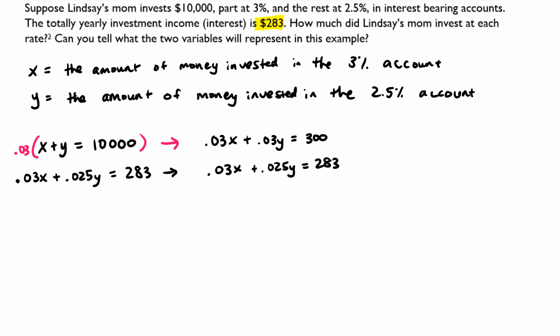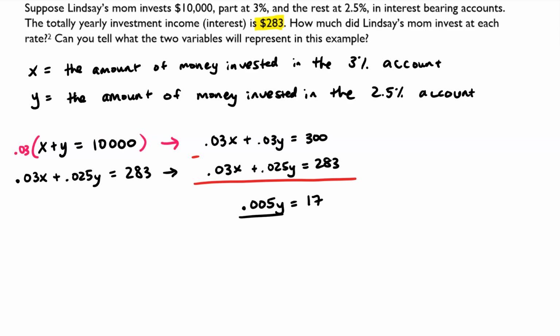Okay, so now I can subtract these two equations, and 0.03x minus 0.03x, that's going to give me 0. And then I have 0.03y minus 0.025y, and that's going to be 0.005y is equal to, and then 300 minus 283 is 17.